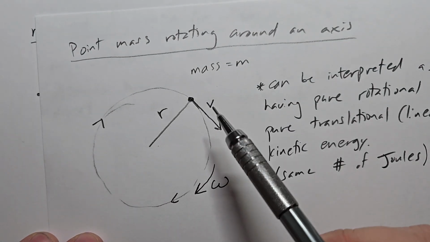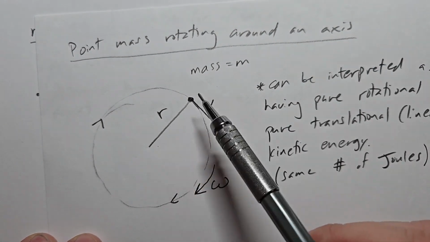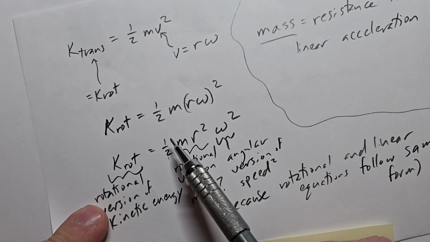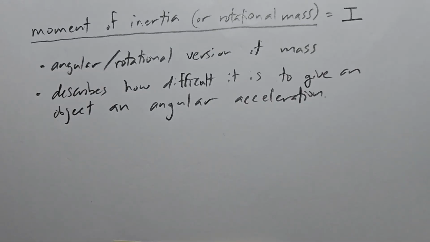But if we are dealing with a simple point mass rotating at radius r around some center, the moment of inertia for our point mass has got to be this term right here, this mr squared.